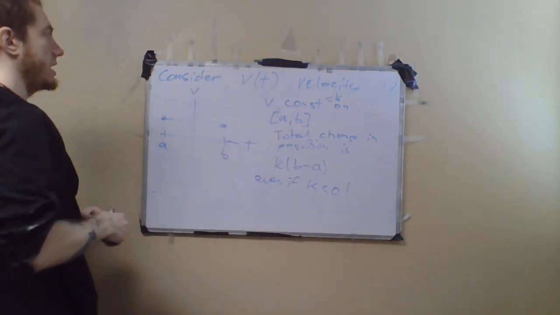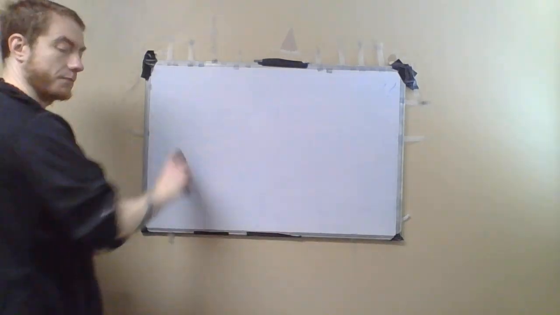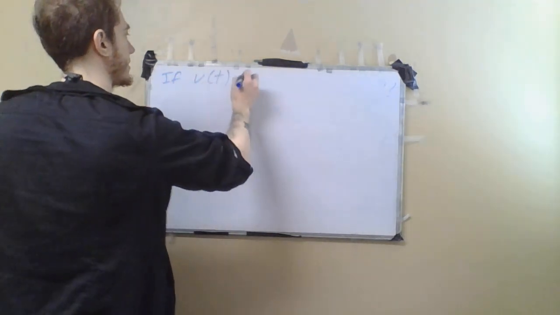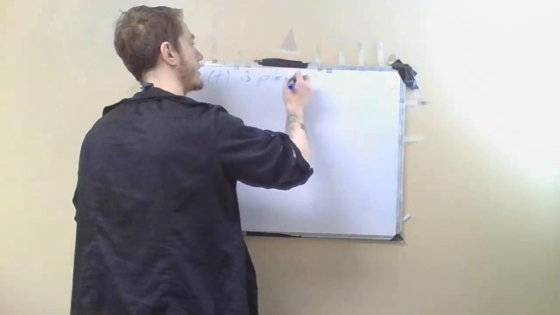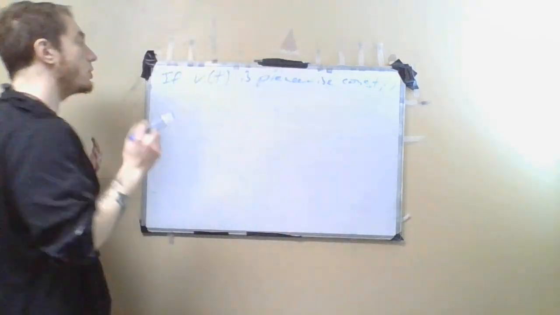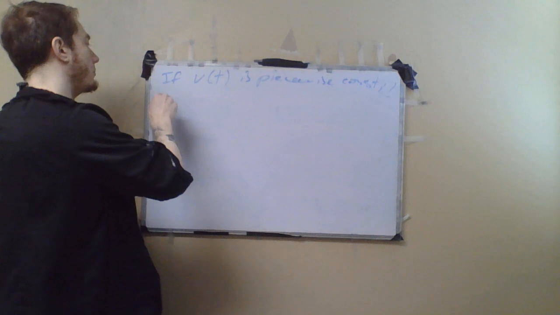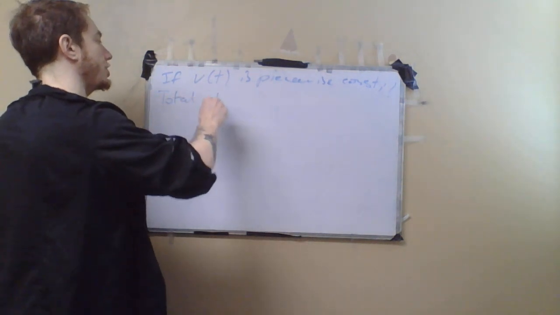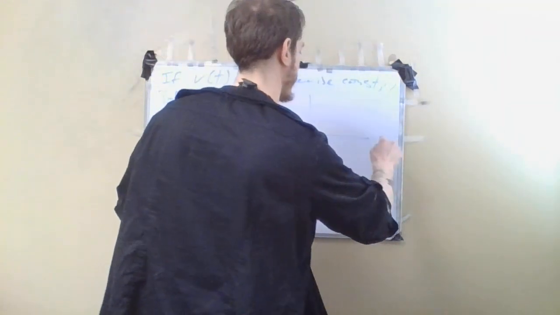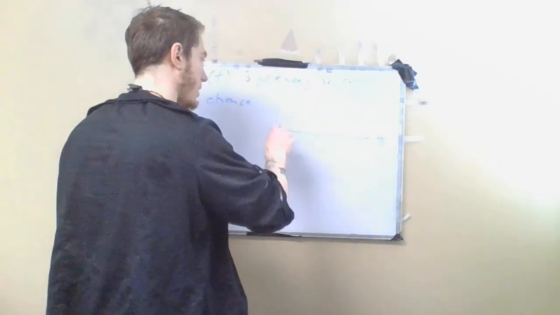Now, if the velocity is piecewise constant, well, we still get that the total change is going to be the sum of these rectangles, but in this case, I'm sorry, this is now t and v, not x and y.